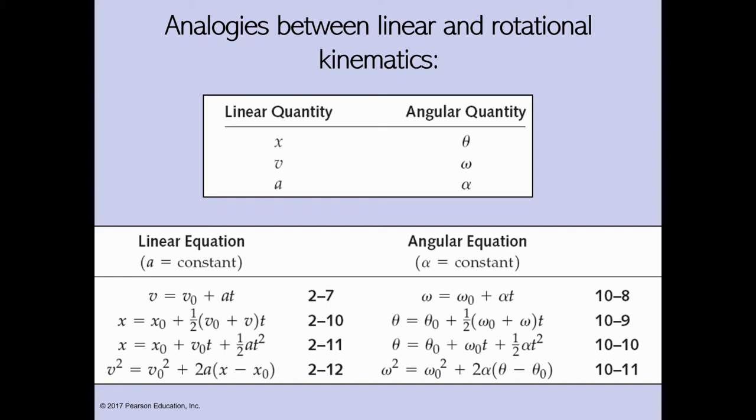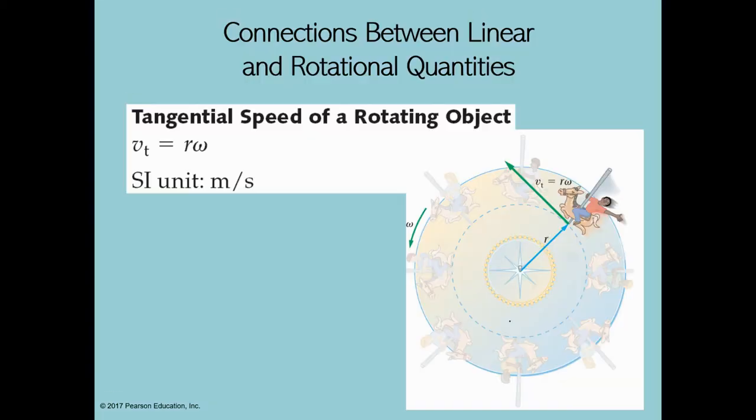And then we also see acceleration, which is a in linear motion, and it is alpha in angular motion. And here I've just switched out the variables in my equations of motion to match what it should be in angular motion. So this would be good information for you to have written down.